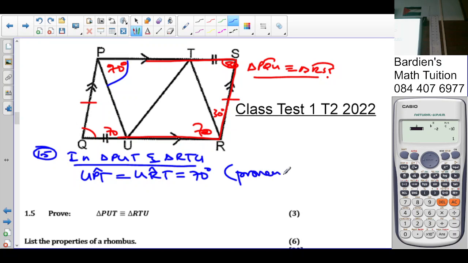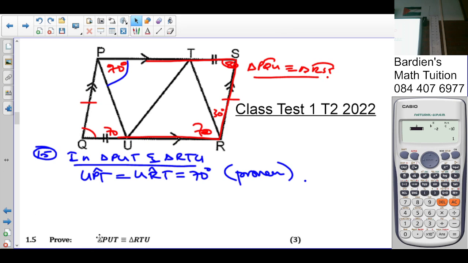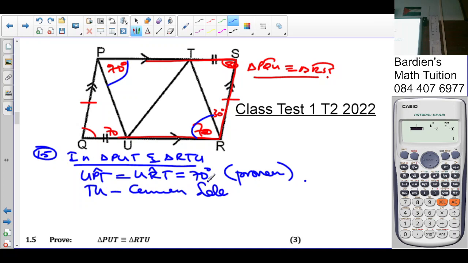Proven. Next, then we can say that TU is a common side, or TU is equal to TU, brackets common side. One more. What's the last thing we can say?